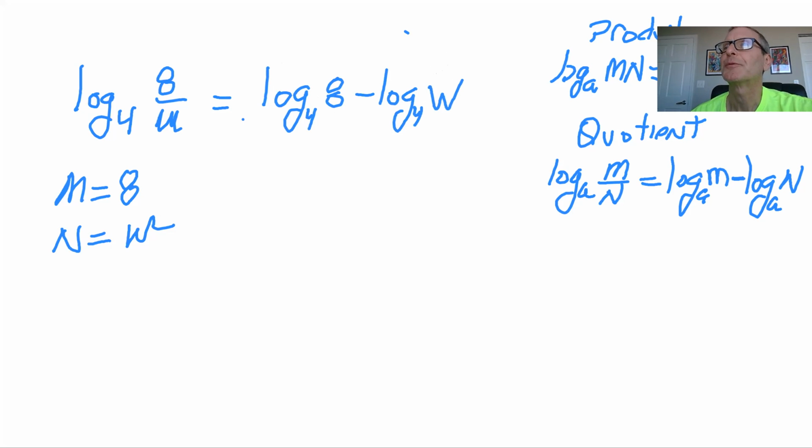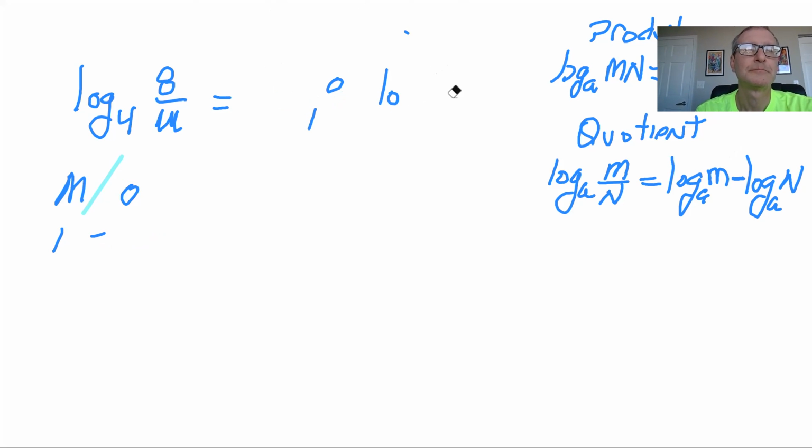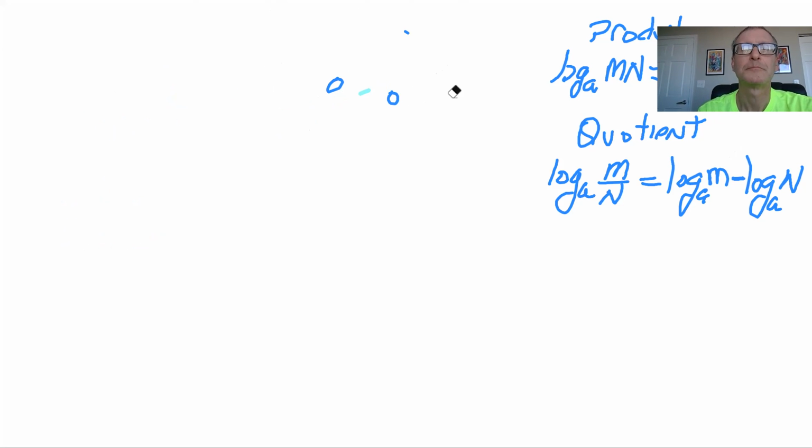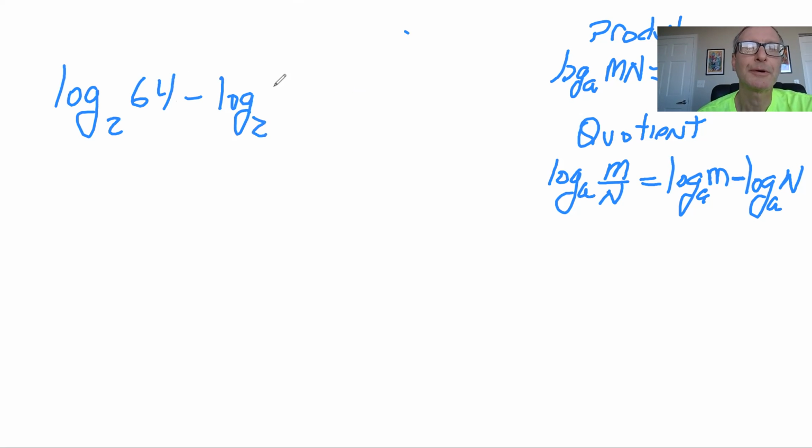Let's do one with numbers. Say like we had this one. Say like you had a problem like this. Log of base 2 of 64 minus log of base 2 of 16. So now we can go the other way.